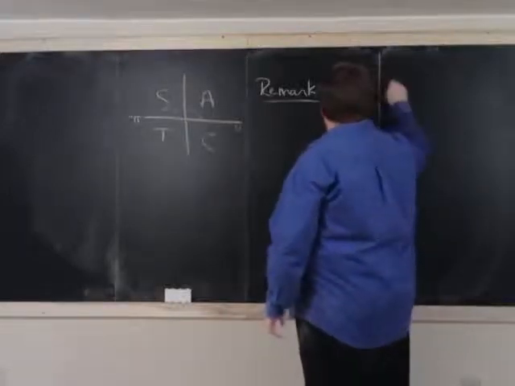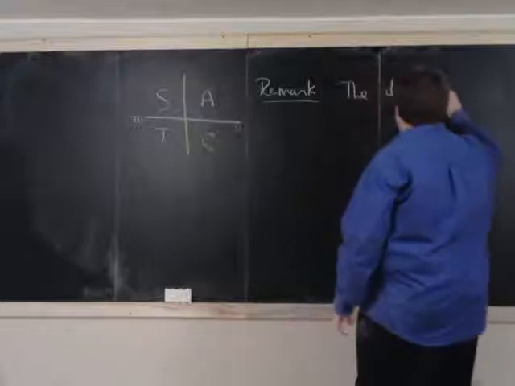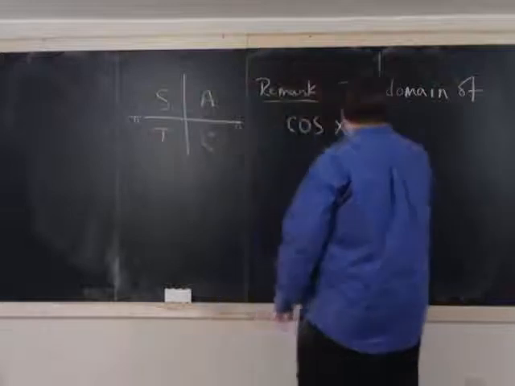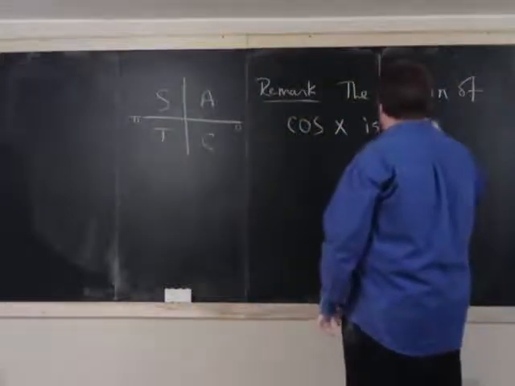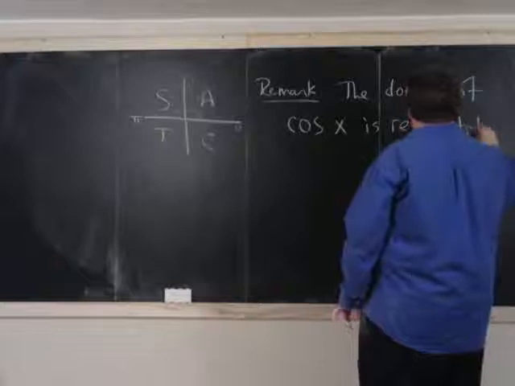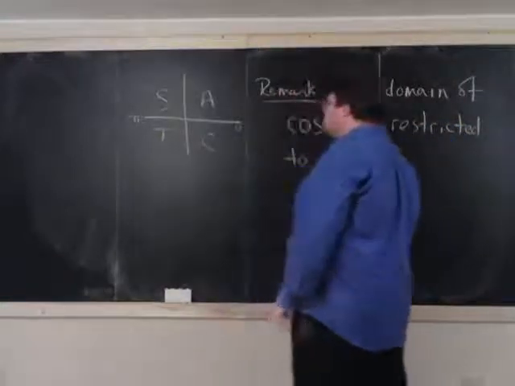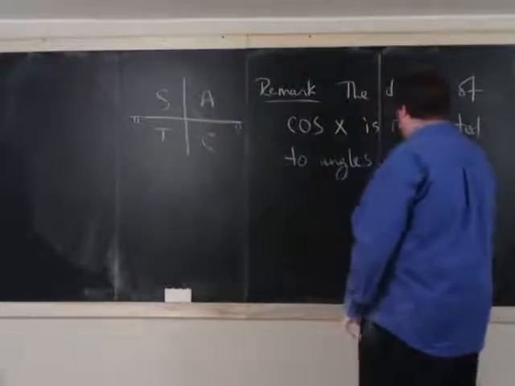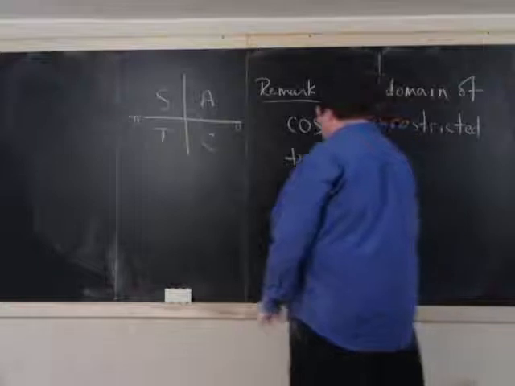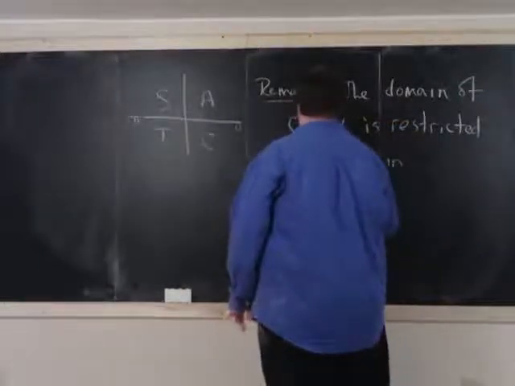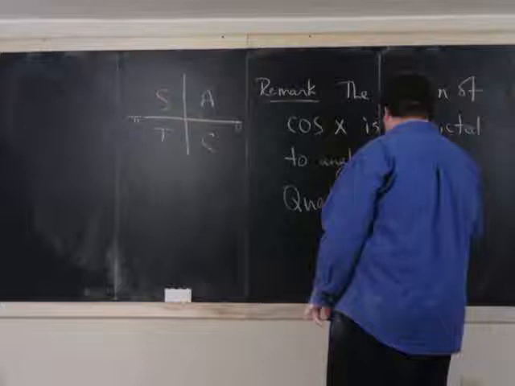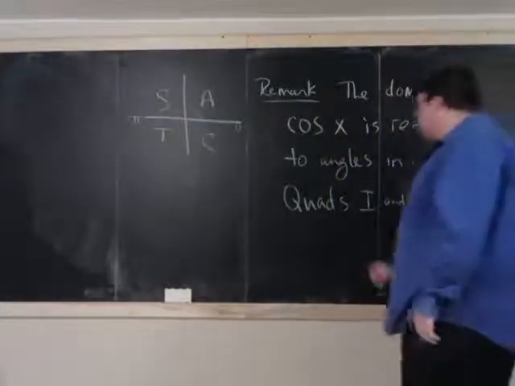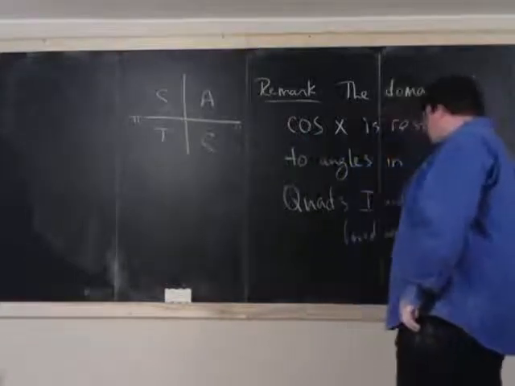The domain of cosine x is restricted to angles in quadrants 1 and 2, and the axes.